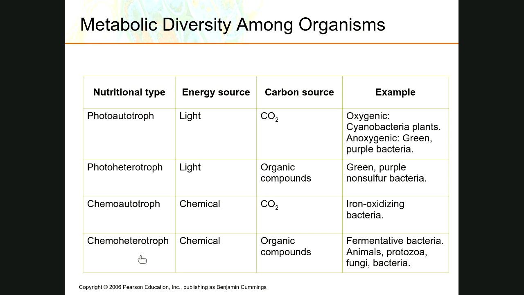So all the fermentative bacteria, all the animals, protozoa, fungi, and many other types of bacteria are chemoheterotrophs. So you can classify all living things based on nutritional type. And when you see the word auto, you should think of CO2, like what comes out of the back of your automobile, CO2. So any questions?